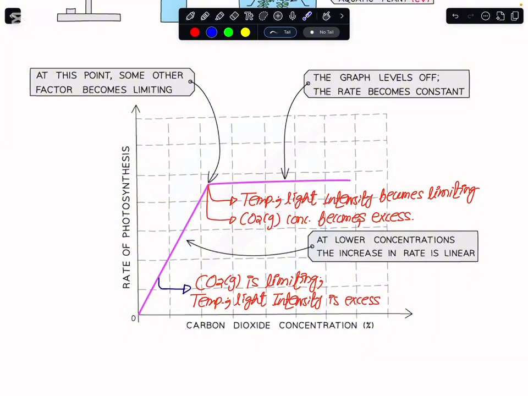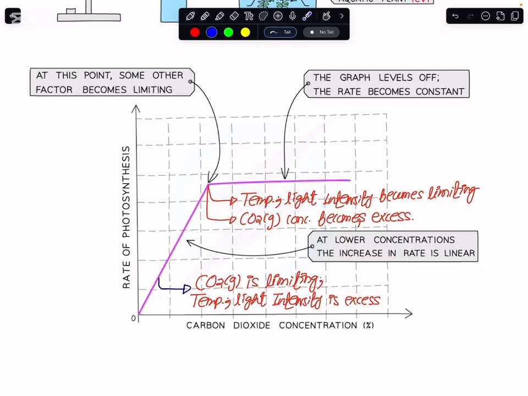So the thing that clicks in our mind is, why at these points is the graph not going upward? The reason is that at this part of the graph, the carbon dioxide concentration that we have is in excess, but the temperature and the light intensity become limiting.